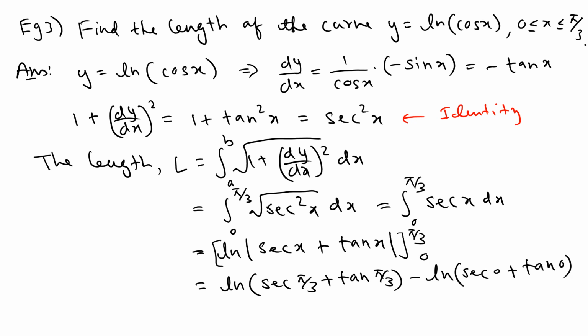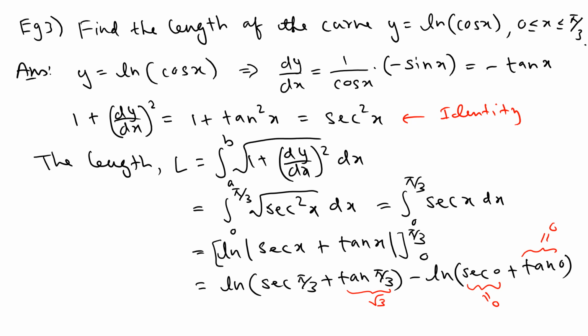We know that tan 0 is 0. The cosine of 0 is 1, and since the cosine of 0 is 1, secant 0 is always 1 because it's upside down. And tan pi over 3 is square root 3.